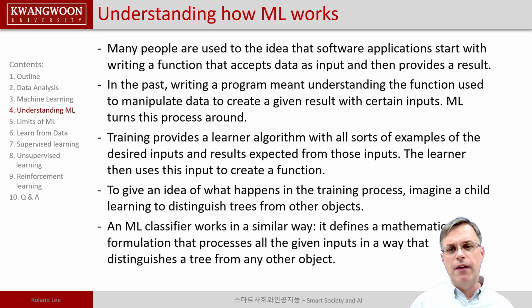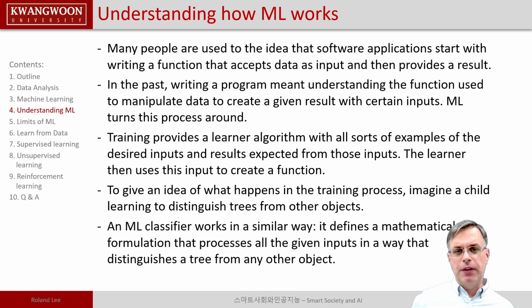Training provides a learner algorithm with all sorts of examples of the desired inputs and results expected from those inputs. So the learner then uses this input to create a function. In other words, training is the process whereby the learner algorithm tailors a function to the data.